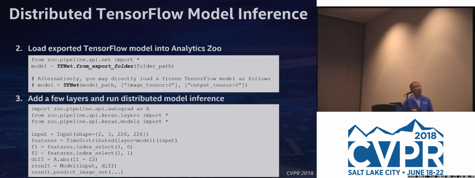You can just freeze the model and import that, and then it becomes a conventional BigDL model, which can directly run on top of Spark. So you can do all the other stuff that we just talked about. You can take the model, add a few layers, build a new model, and perform the prediction, for instance, in this case.